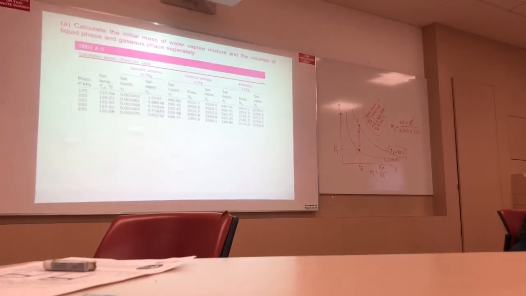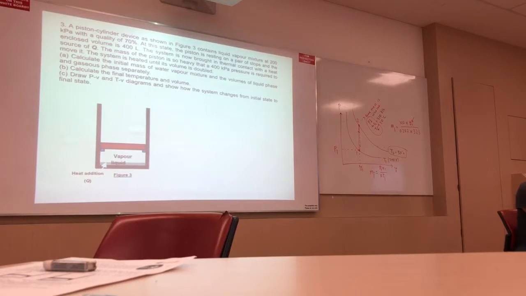Alright. So state 1, I go to the previous slide. This one indicates state 1, initial. When you apply heat, it doesn't move. When the pressure becomes 400 kilopascal, then this guy moves. Then finally it goes to here. Same as the previous question. So what is P1?